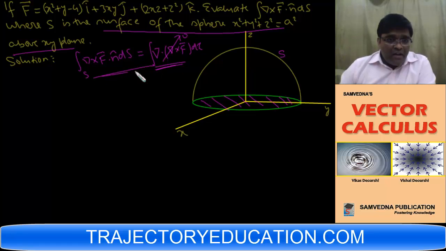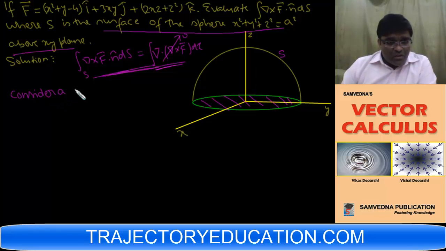But we can get an idea from here. This is a very important type of problem, it usually comes in every exam. Here this is an open surface. If anyhow we make this surface closed, the integral would have been 0.